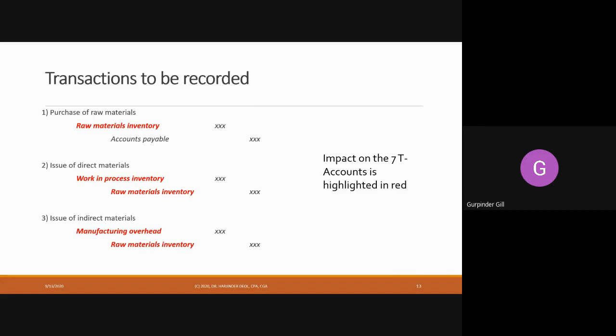So under items 2 and 3, we are still crediting raw material inventory account because that account is coming down. That distinction is only made when the material is requisitioned into production. Depending on whether it's direct or indirect, the direct material goes to work in process, and indirect material goes into manufacturing overhead. Again, keep in mind your manufacturing overhead captures your indirect cost, amongst the other costs.